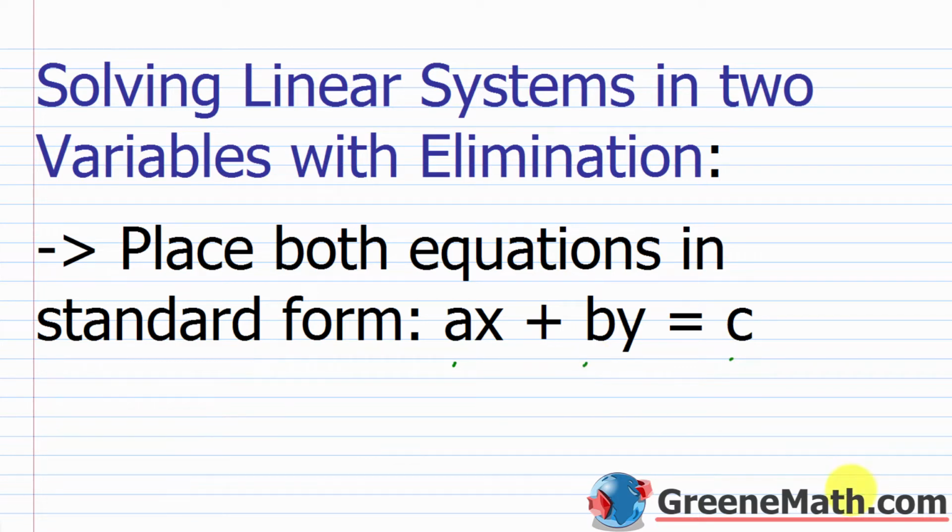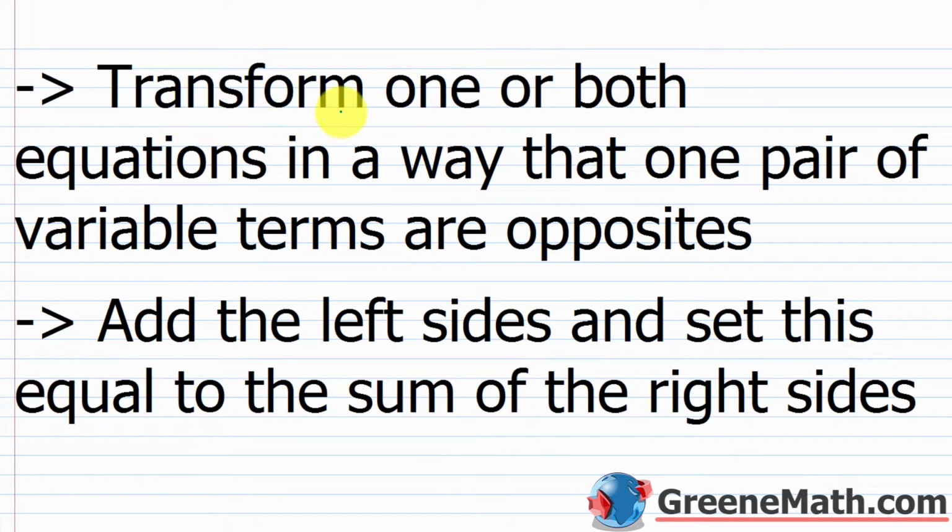Now, once we've done that, we want to transform one or possibly both of your equations in a way that one pair of variable terms are opposites. Remember the examples I gave: 5x and -5x, or 10y and -10y. So you want variable terms that are opposites.